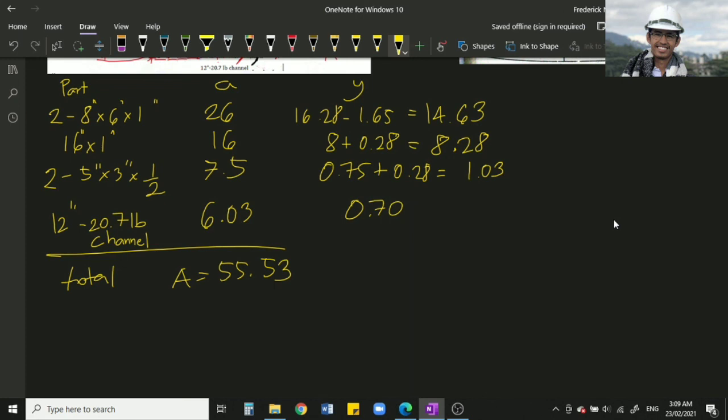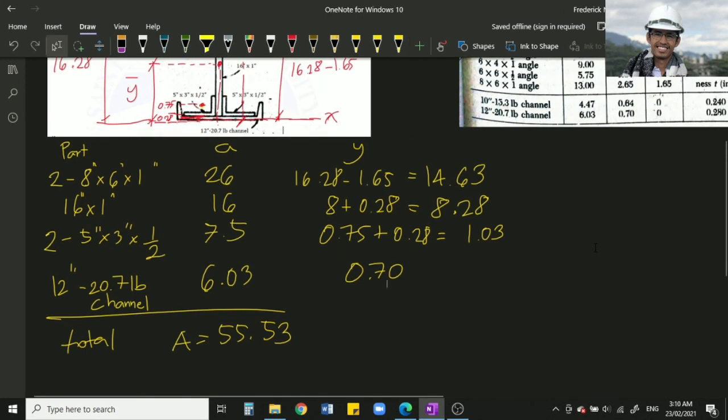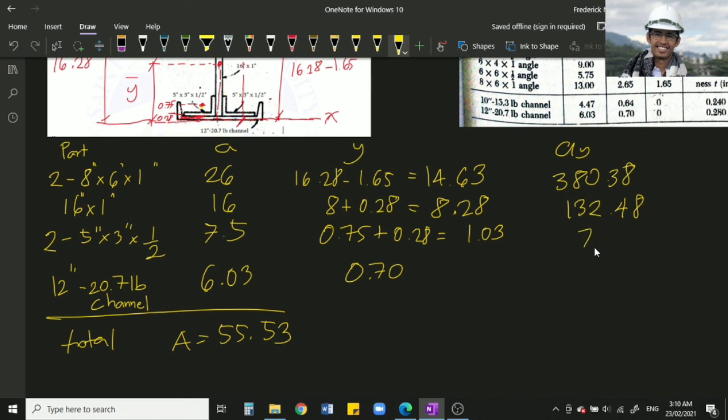Okay? So meron na tayong area tsaka yung bar Y ng individual parts. So we can compute for the AY. So mag-multiply nyo lang, no? So that will be equal to 380.38. Second, 16 by 1, so that will be 132.48. And for the 5 by 3 by 1 half, that will be 7.725.